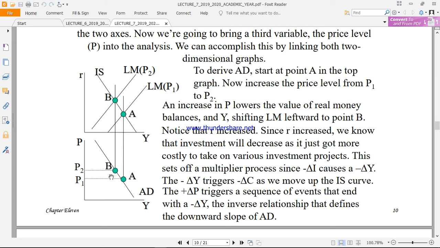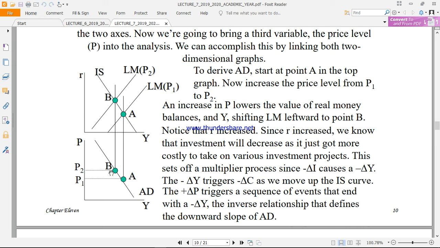Okay? So now that investment has reduced, output is expected to fall, from that level of output to that level of output. The reason is that increase in the rate of interest, which is now forcing you and I not to be able to demand investment.